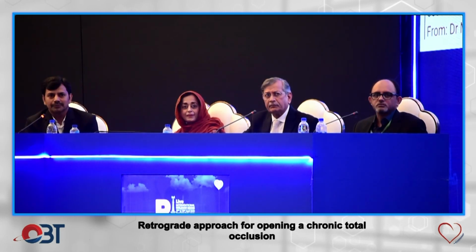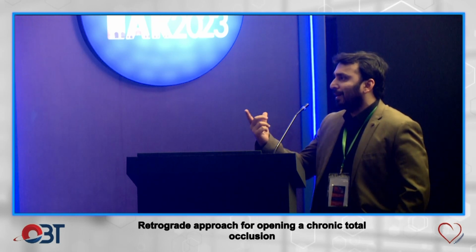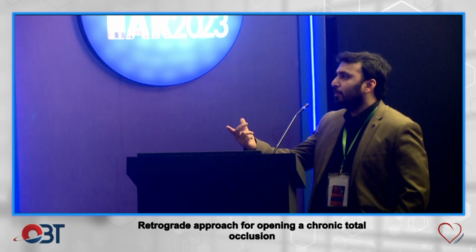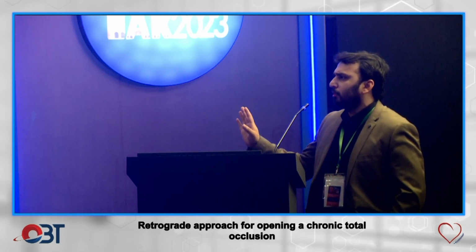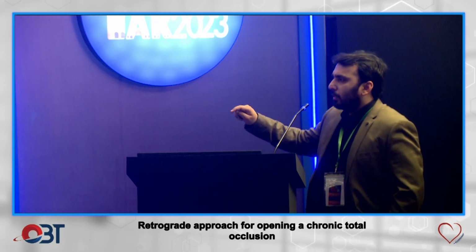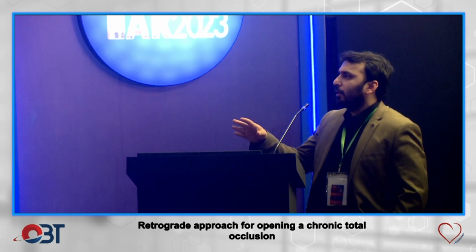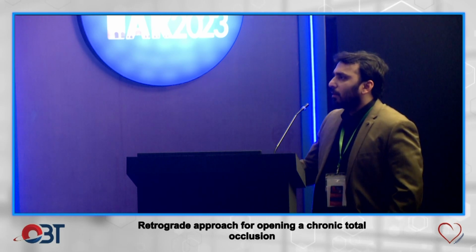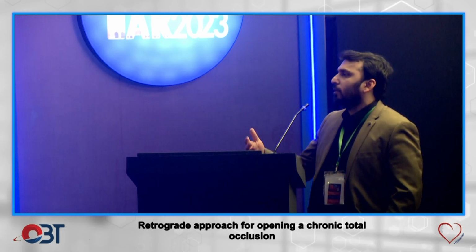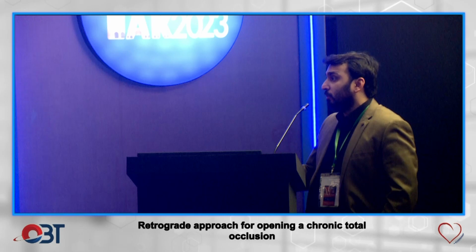There are two shortcomings of retrograde, which I understand now. One is the guide length. Usually we have a 100 centimeter guide. The other is the microcatheter, which is up to 150 centimeter longest available. So it is often a phenomenon while going retrogradely that the microcatheter could not be advanced into the antegrade guide. This is what you are asking, what else can I do in the presence of these shortcomings.